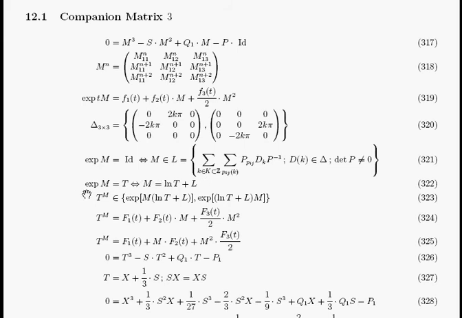So this difficulty appears when trying to define the exponential of M equals T if and only if M is the logarithm of T plus L. Because T power 2M is the exponential of a product where M is on the left or M is on the right.